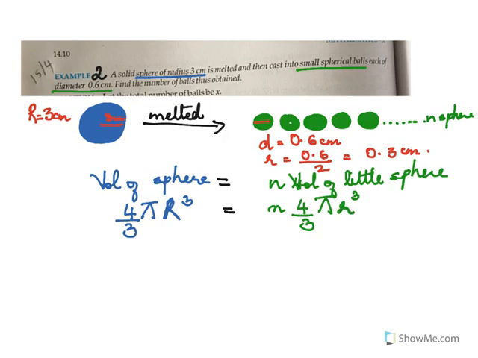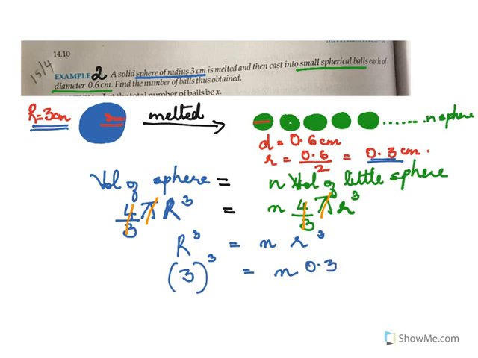If you look carefully, I can cut this out. 4 by 3 I can cut out. So what am I left with? I'm left with R cube equal to n r cube. Let's put the value. We know R is 3 centimeters, so 3 centimeter cube equals n times r cube, and this r here is 0.3 centimeter cube.